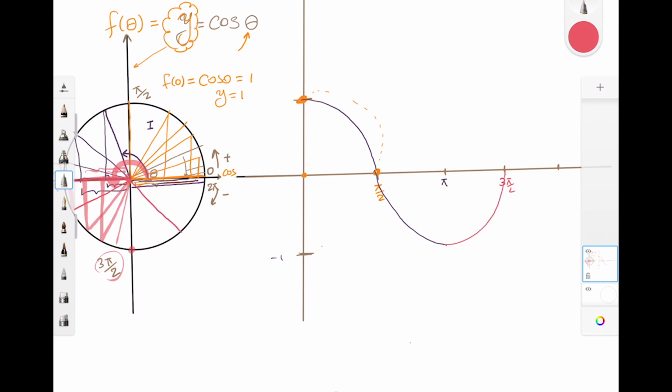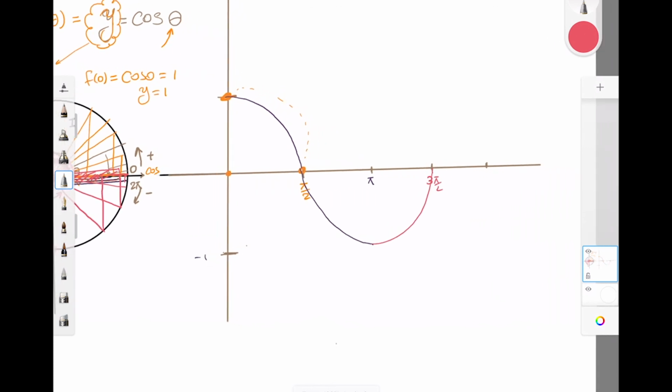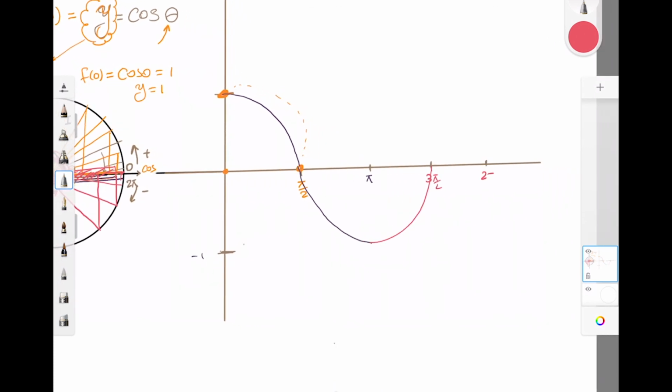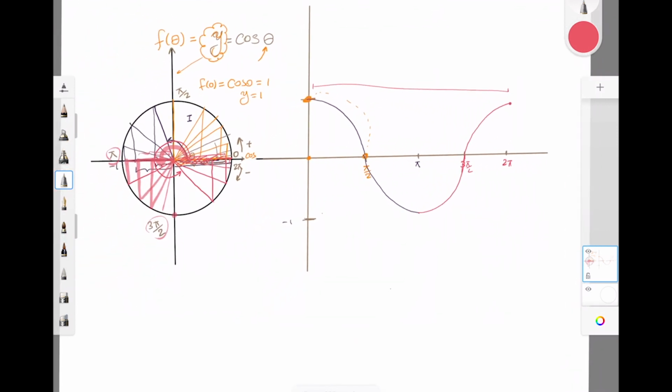In quadrant 4, if this is our theta, this much will be the value of x. If it gets bigger, the value of x gets larger to 1. So at 2 pi, it gets back to 1. So this will be the period of the cosine, which is 2 pi.